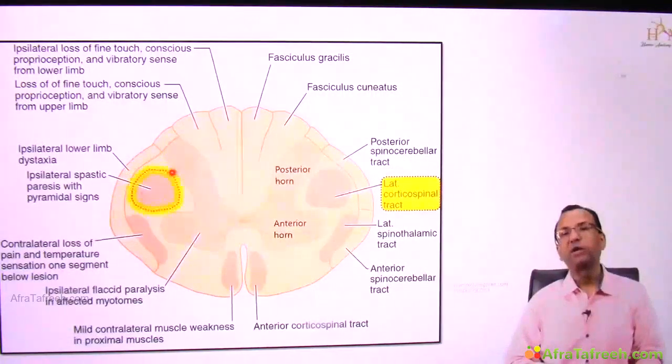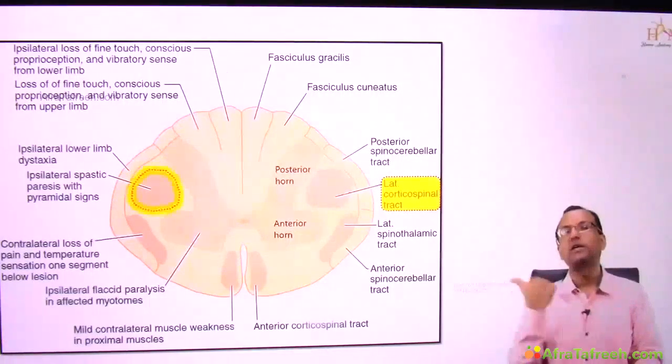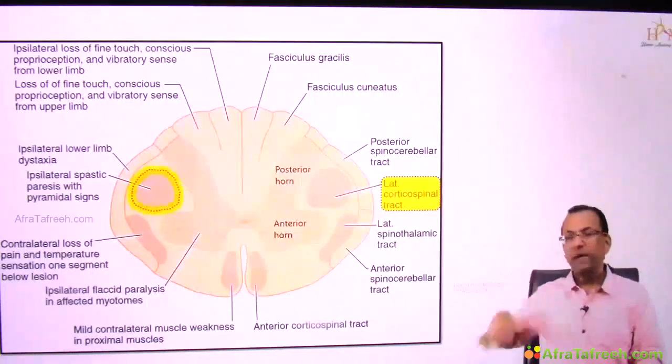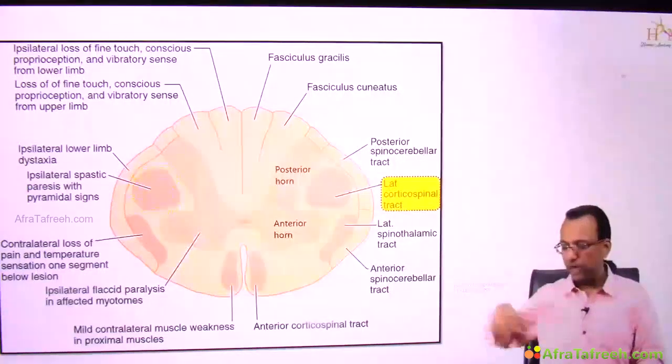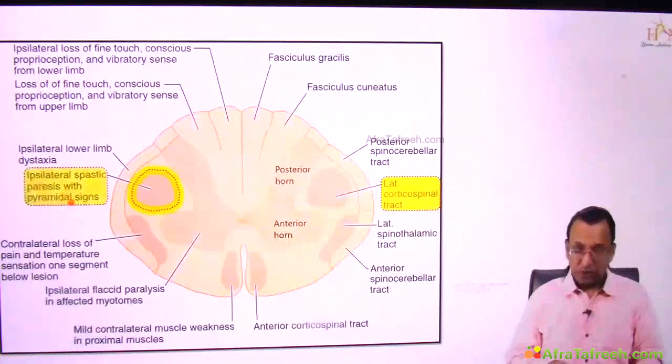corticospinal tract? If corticospinal tract is damaged on the right side, then the right-sided spastic paralysis below the level of lesion. Why is the spastic paralysis below the level of lesion? Because at the level of lesion there is some flaccid palsy.